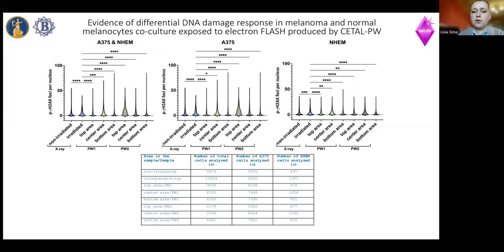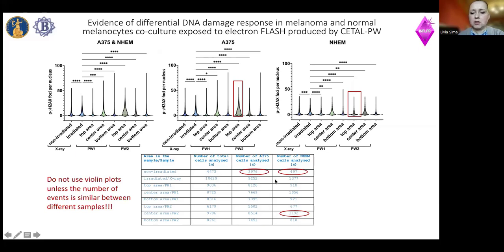You can also use violin plots, but you have to pay attention if the number of events that you use differ a lot between your samples, or if the number of cells in your co-culture is very different. And in our case, the melanocytes are 10 times lower in number than the melanoma cells.